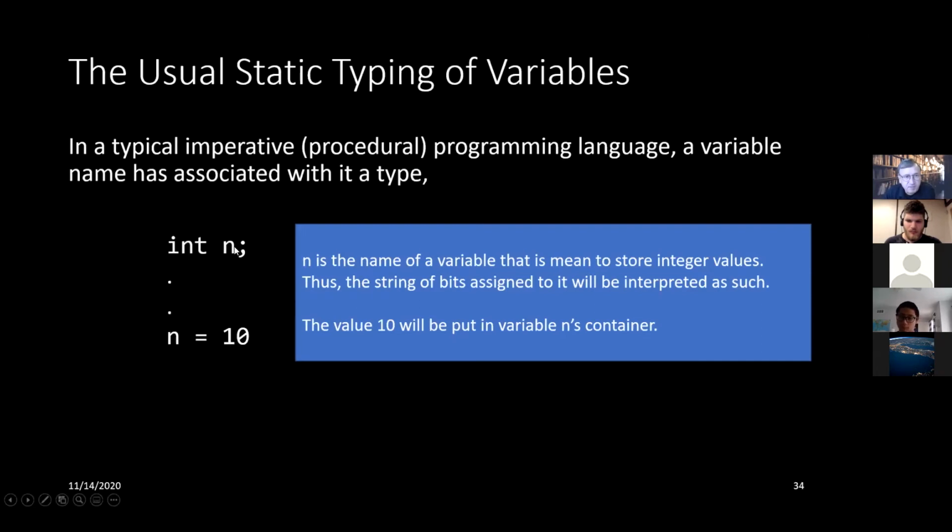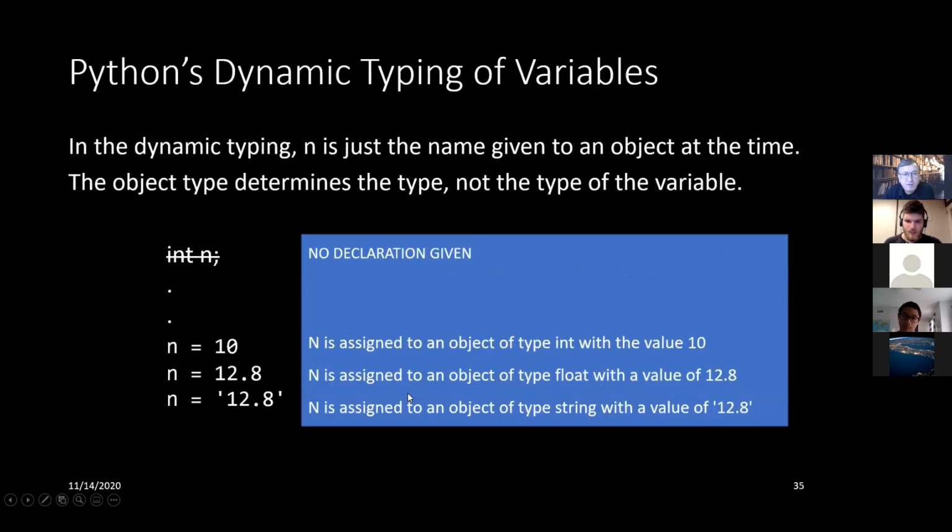And if we try to put something in n that isn't an integer, it's going to give us an error. Python doesn't do that. Python says when you assign a value to a variable name, at that moment, you've declared the variable name. The act of assignment declares the variable.